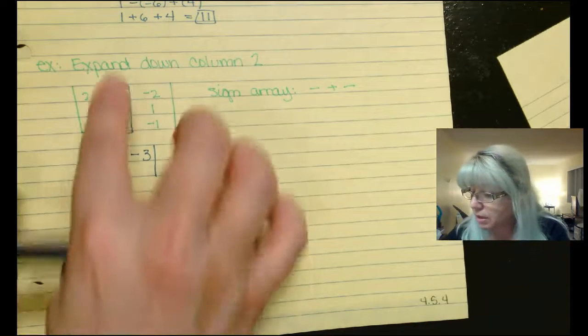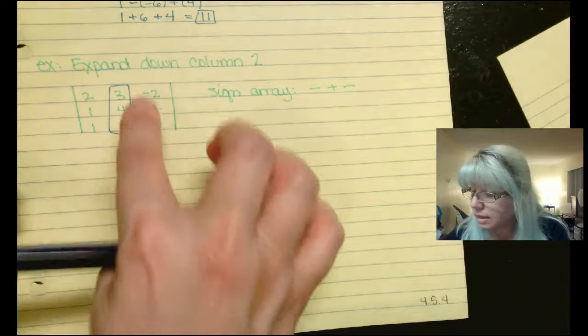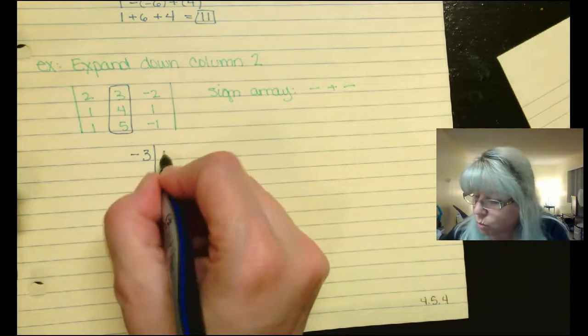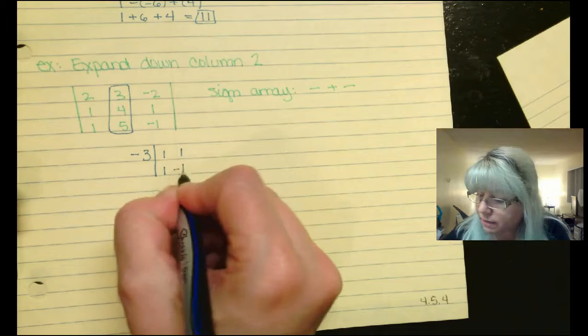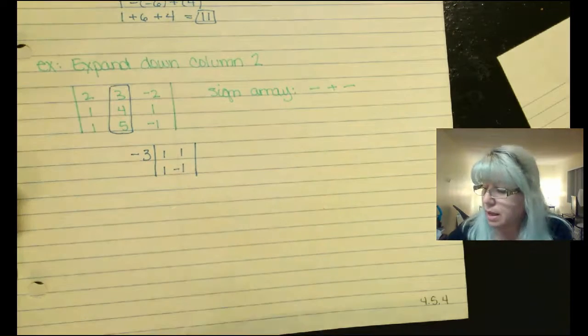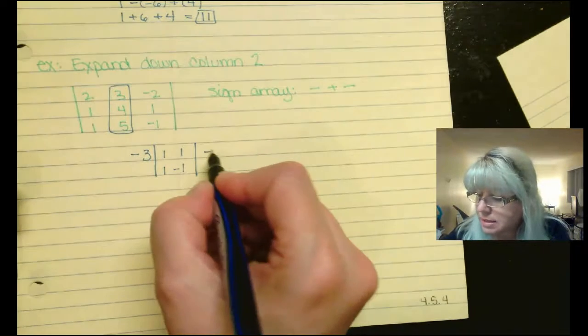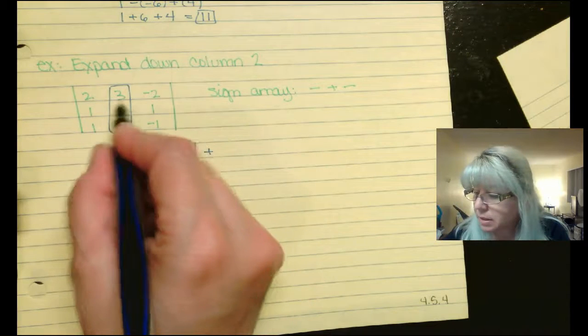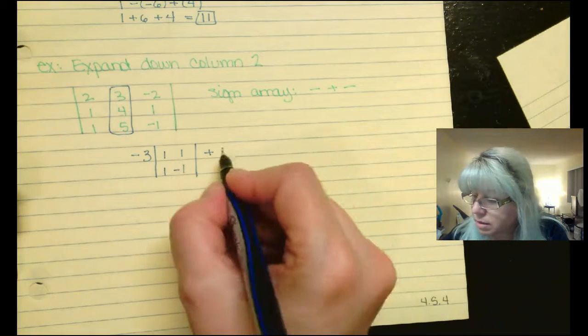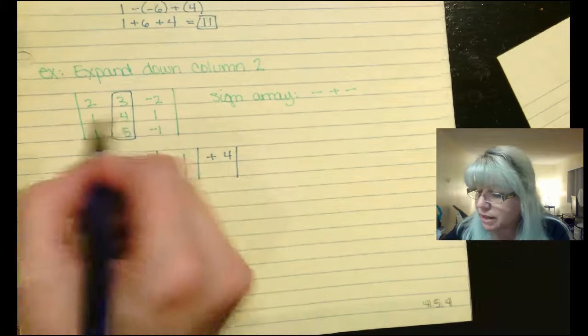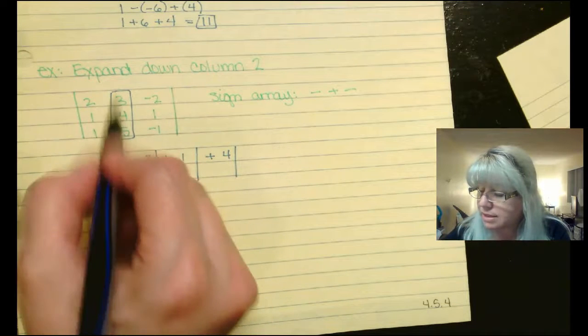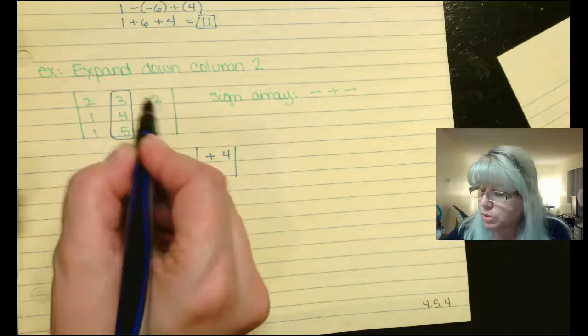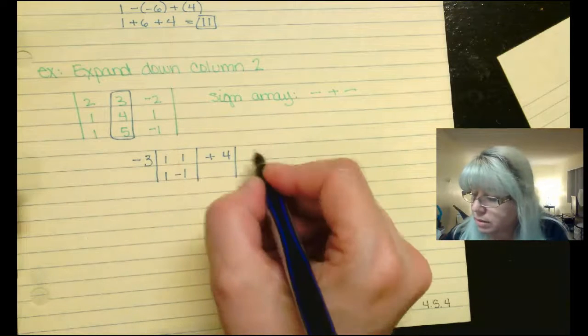If I cover up 3 in that column, that leaves 1, 1, 1, negative 1. From the sign array, a plus. Next element is a 4 with its minor. If I pull out this row and this column, that leaves 2, negative 2, 1, negative 1.